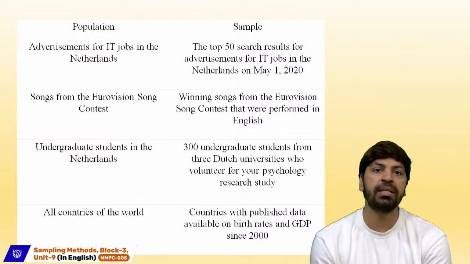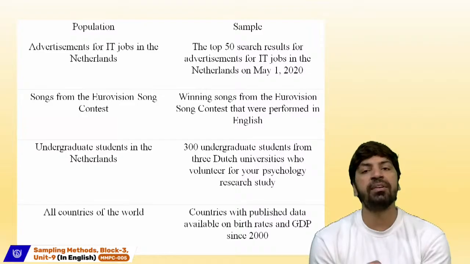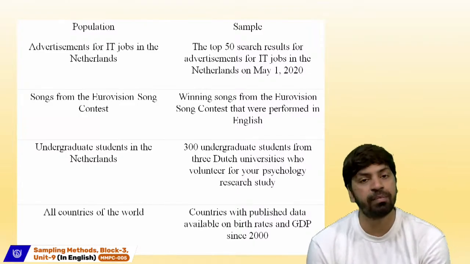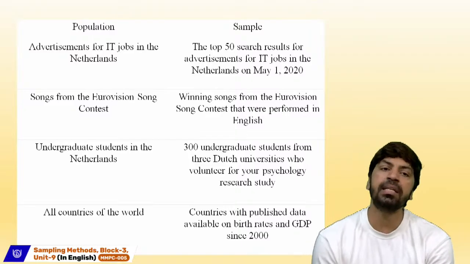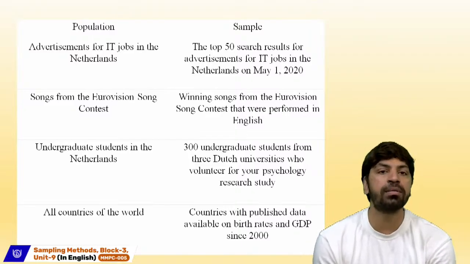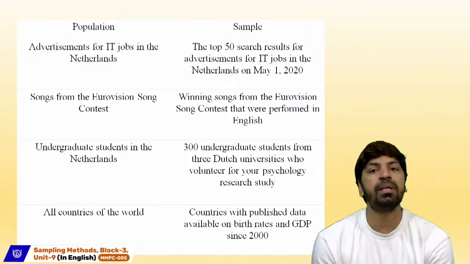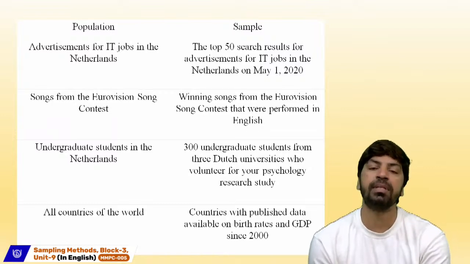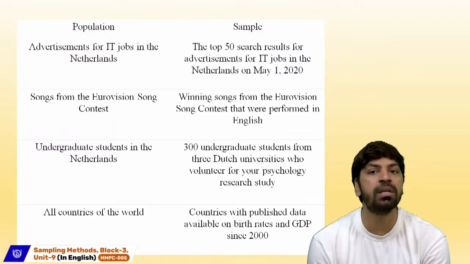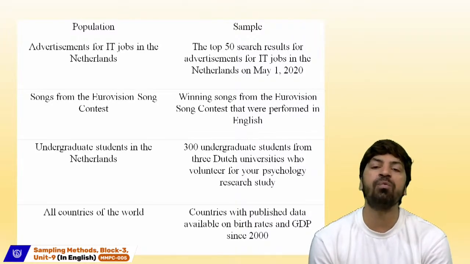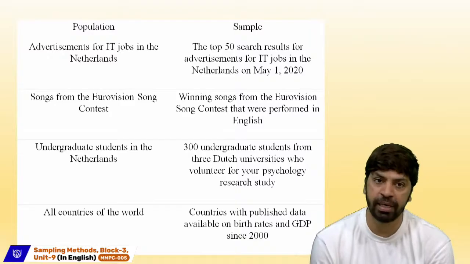So we can refer to the top 50 search results of advertisements as the sample. The next example would be the songs from the Eurovision Song Contest. The sample is winning songs. So we selected a specific type of song, that is winning songs from the Eurovision Song Contest that were performed in English only.